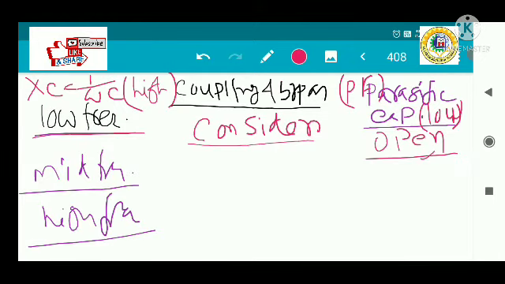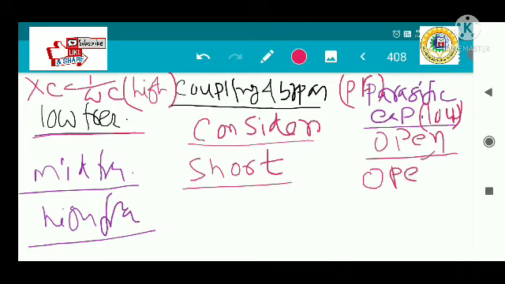So at low frequency we can consider the coupling and bypass capacitances, but we cannot consider the parasitic capacitance. Likewise, for the same reason, in the mid frequency range we can short the coupling and bypass capacitances, and the parasitic ones can be considered as open. This is the condition we have considered.